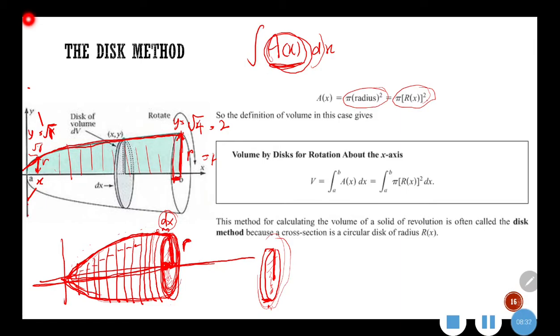The width or the height of the slice here is constant, which is dx. So that's why what we have here is integration from a to b pi arc x squared dx. The arc that you get, you just need to square it. So meaning to say the arc here is equal to, for this case, y, square root 4, or equals square root of x, which is 2 here for this case.